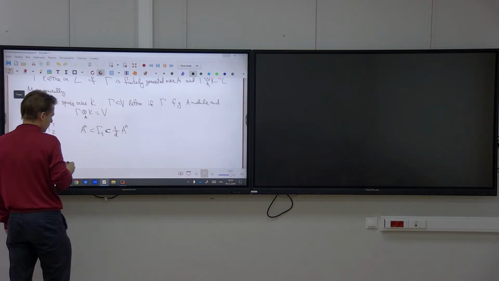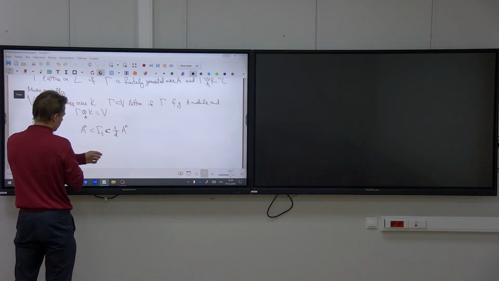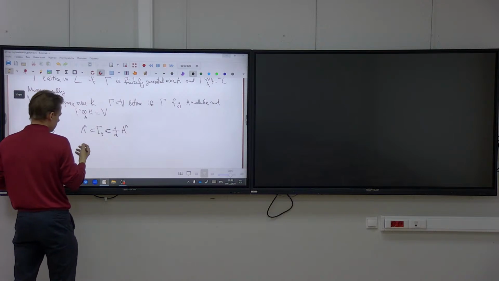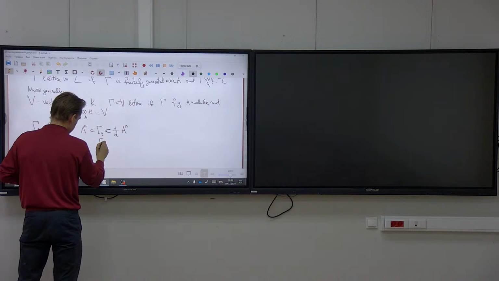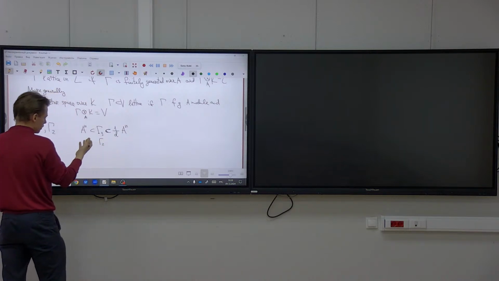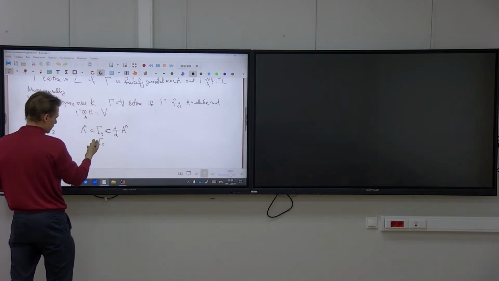So you can, by writing down, for example, the basis of gamma 2 in the same way, also do the following thing.